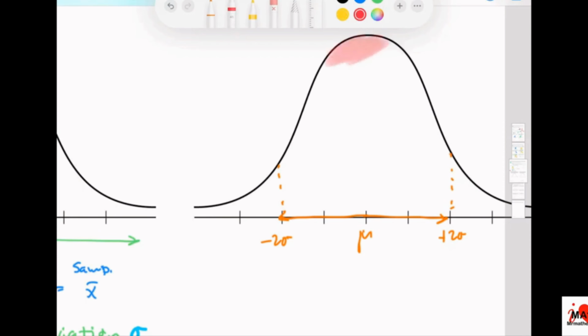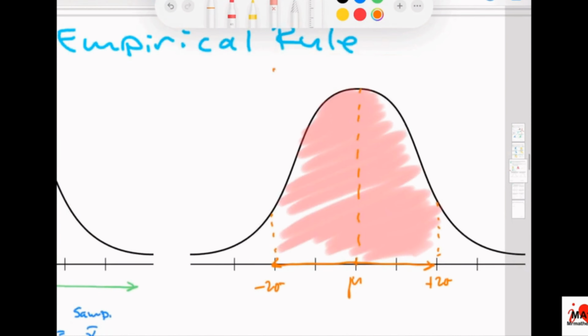This area, I forgot to draw the mean. So this whole area is going to be 95%, in red, the shaded red area. And if you divide 95 in half, you will get 47.5% each. So the left side is 47.5, the right side is 47.5, and you add the 2 reds together, you get 95%.